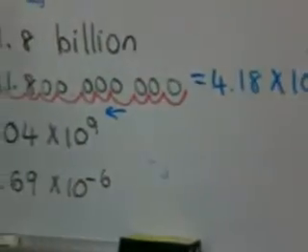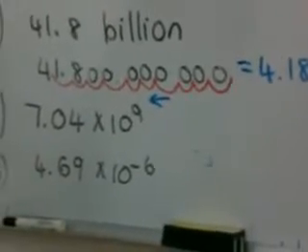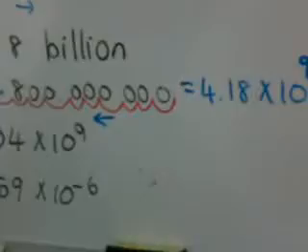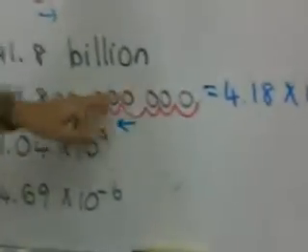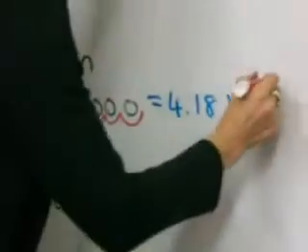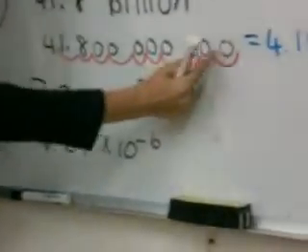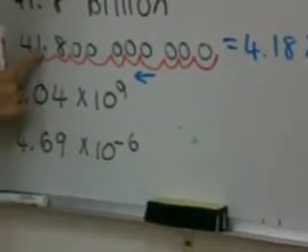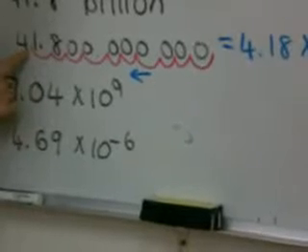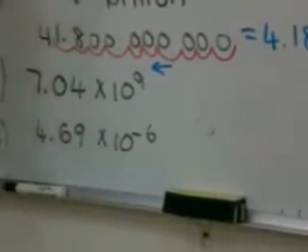Okay, to the 9. 4.18 times 10 to the 9. Did I say to the 10? Yeah. Oh, sorry. I counted that one in as well, to the 10. Thank you. We counted to the 10. So it's 10 to the 10. Okay? So that's the number of places that you count here. And although the decimal point was there, it's moving this way. So it's 4.18 times 10 to the 10.